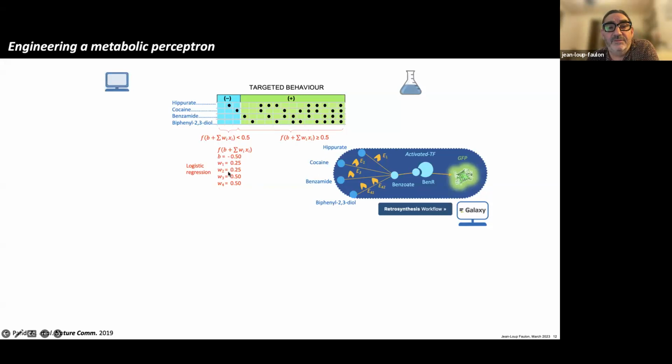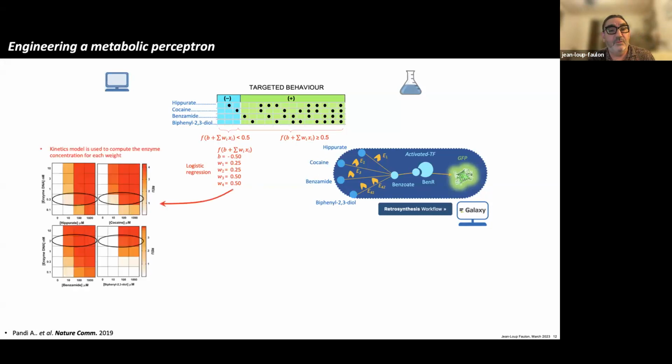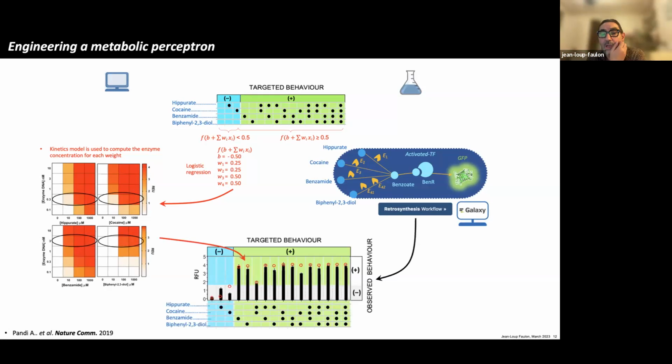And these are the corresponding weights. Since we have a model that can give us the level of expression of the DNA encoding the enzymes corresponding to the weights, we just go back to our tables, to our model that I showed in the previous slides, and we know the amount of enzyme DNA that we need to put into our system. So we have everything in place, and we can go on and do it.